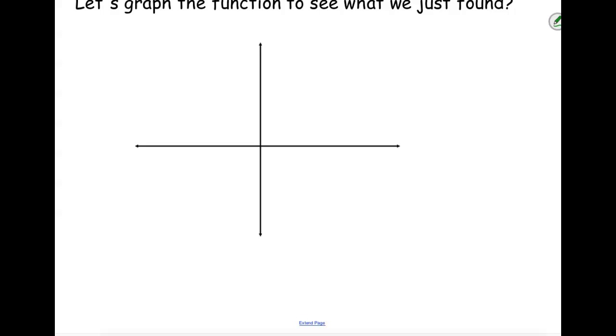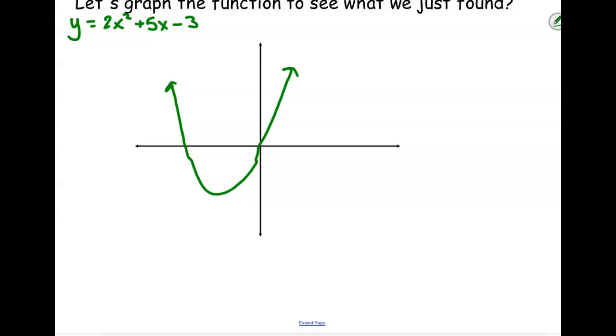So the original function was a quadratic, y equals 2x squared plus 5x minus 3. So if I graph that with my graphing calculator, it looks something like this.